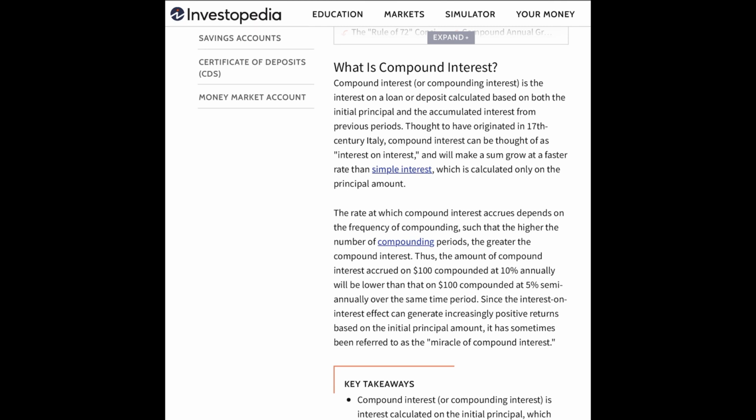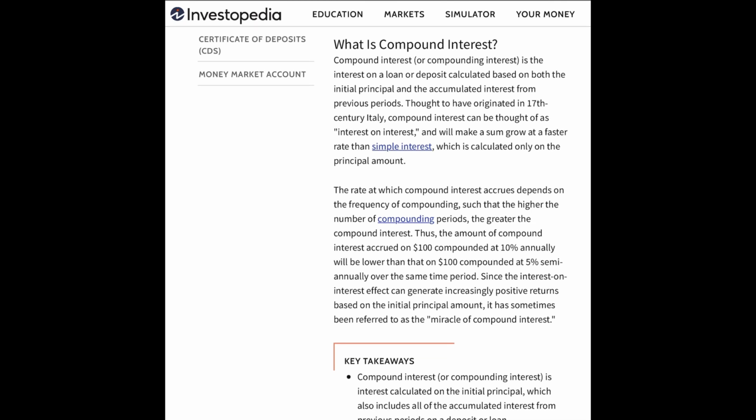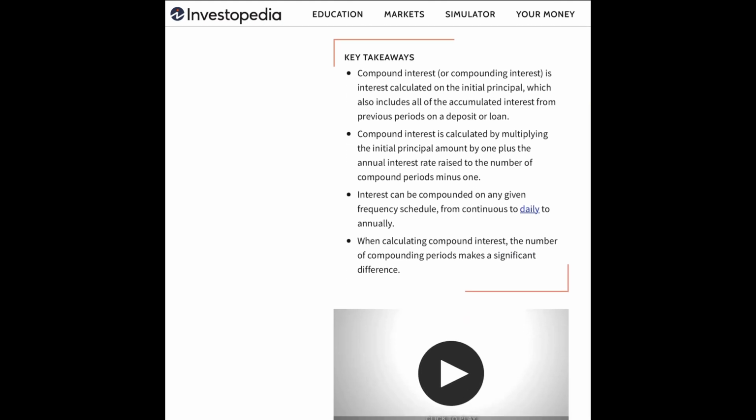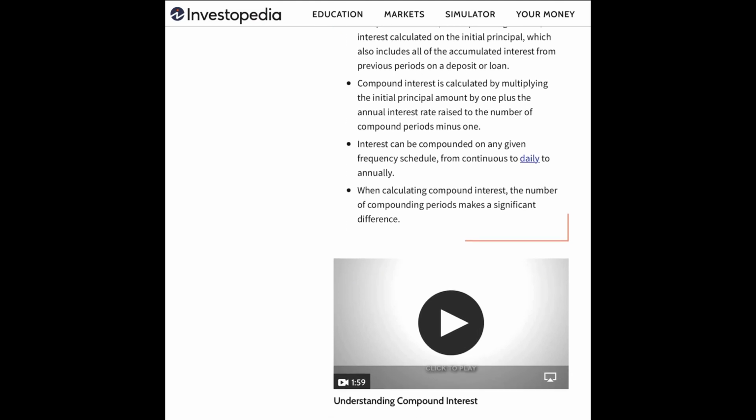as interest on a loan or deposit calculated based on both the initial principal and the accumulated interest from previous periods. So compound interest is interest calculated on the initial principal, which also includes all the accumulated interest from previous periods on a deposit or on a loan.